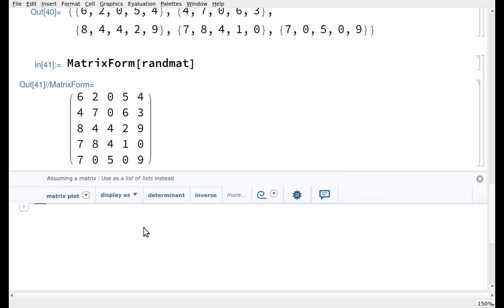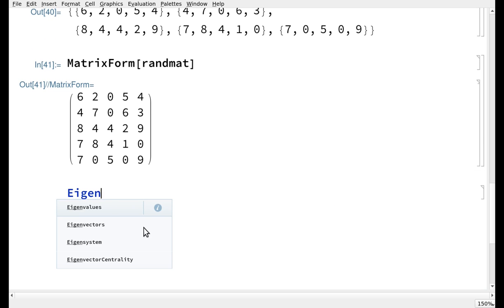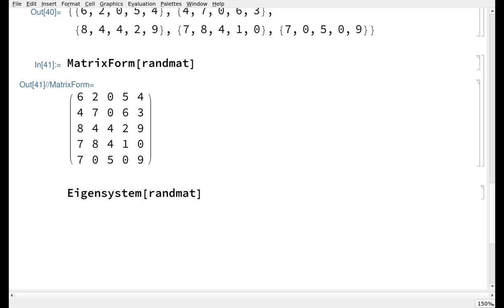Then I can ask the eigensystem function to compute all the eigenvalues and eigenvectors of this random matrix. Now, we should find that it has 5 distinct eigenvalues because, think back to the method we used to find the eigenvalues.